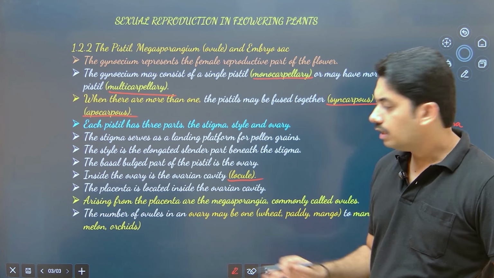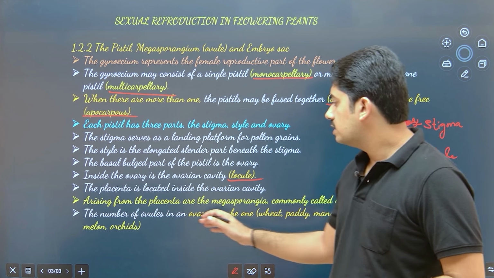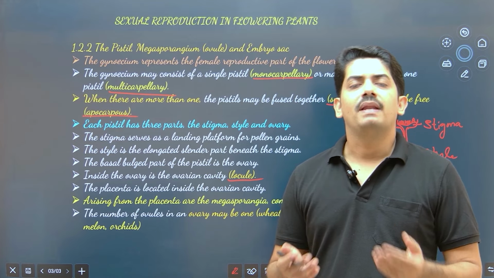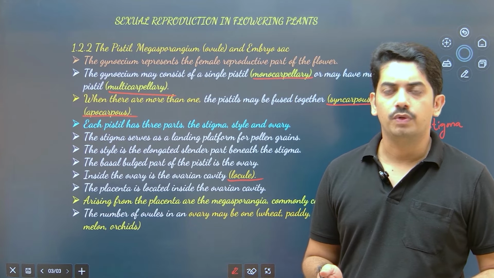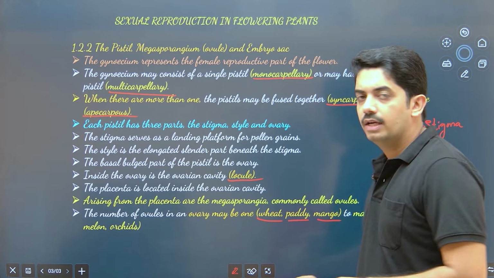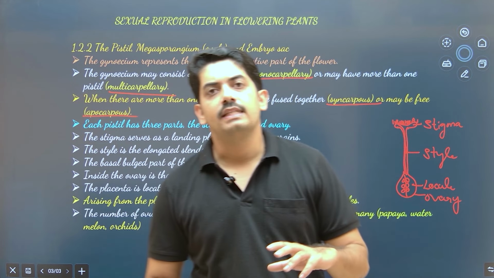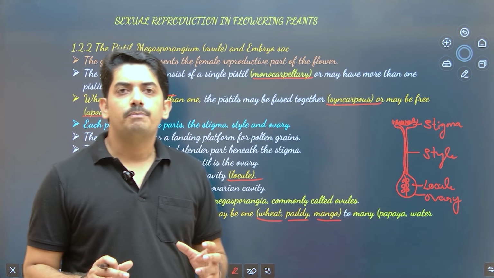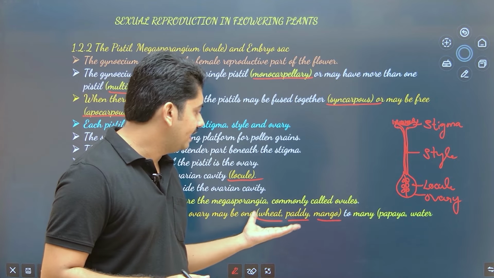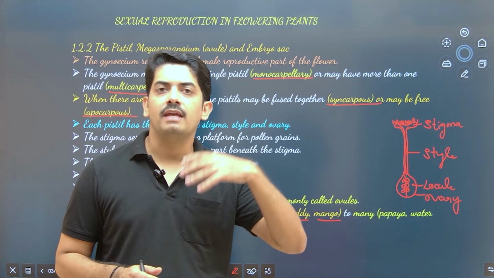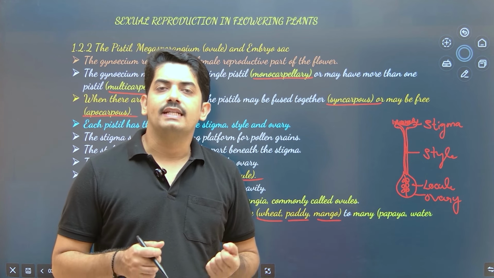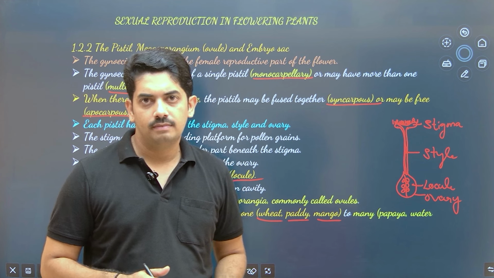Which is representing what? Ovule. Now the number of ovules in an ovary may be 1. Okay. In which plants do we observe this single ovule? The examples are wheat, paddy and mango. In the exam, there is a high chance that if 3 or more examples are given, they take these examples and frame a question like, which of the following examples is the odd one?